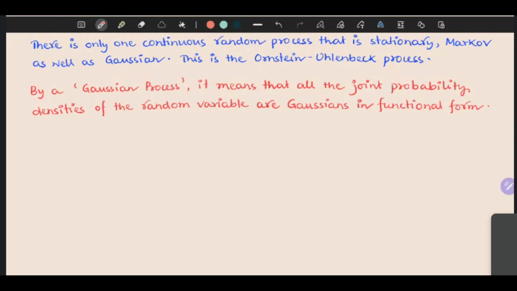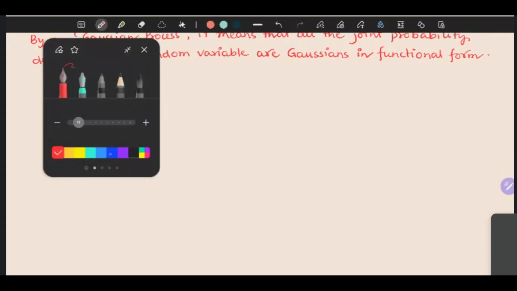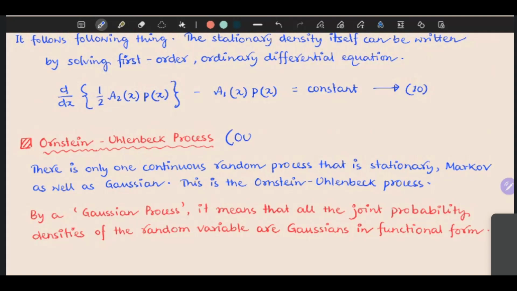So now the Ornstein Uhlenbeck process, we call it OU process.